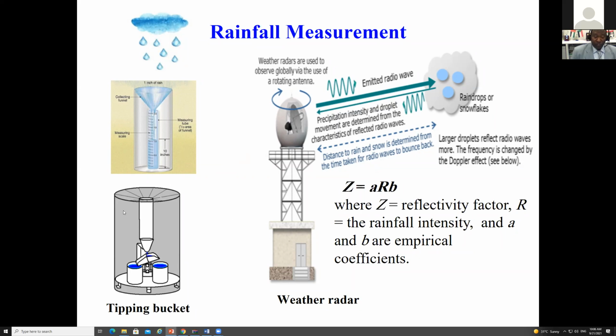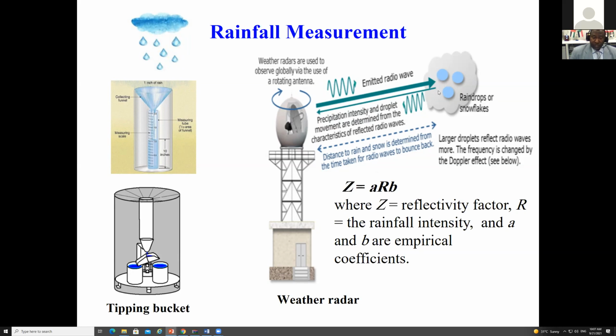Therefore, to avoid the locality of meteorological stations, they moved to what they call weather radar. The advantage of the weather radar is that it gives more coverage, maybe up to 200 kilometers, and it is based on sending a signal. If the signal hits a drop of water, it will be reflected back.